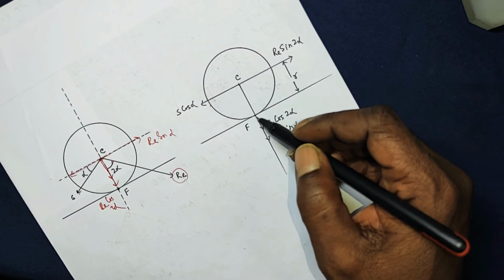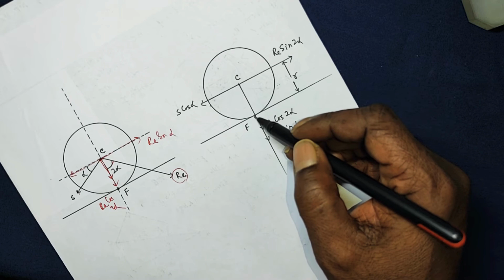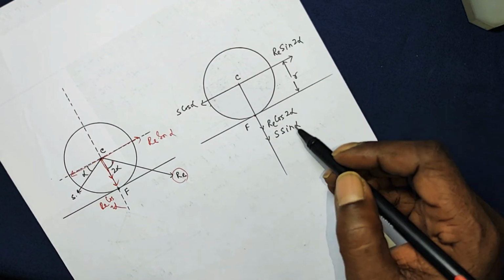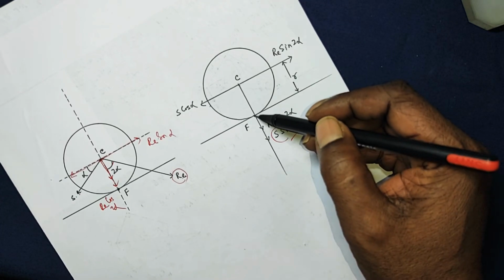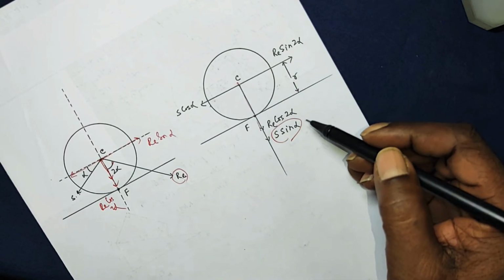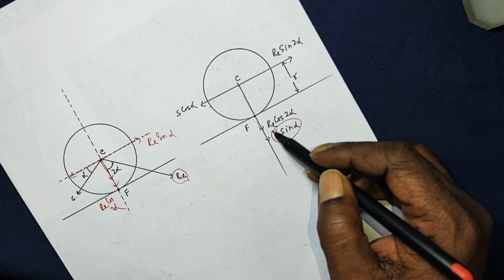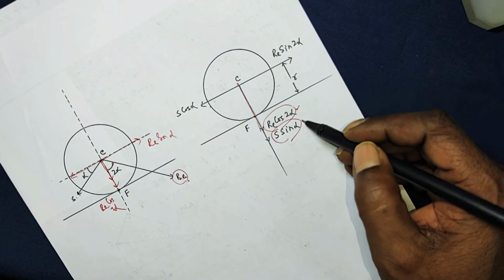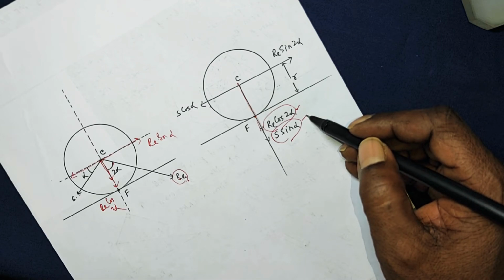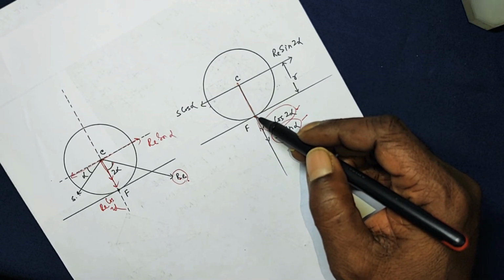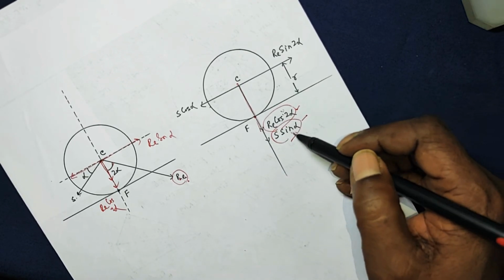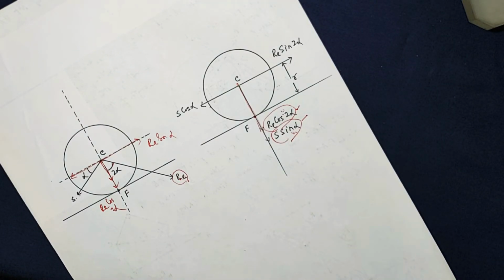Now we'll consider the moment of the forces about point F. Now the component of S, that is S sin alpha, passes through the point F, and the component of RE, that is RE cos 2 alpha, also passes through the same point F. Means these two forces do not have a perpendicular distance from the point F. So these two will not produce a turning effect.